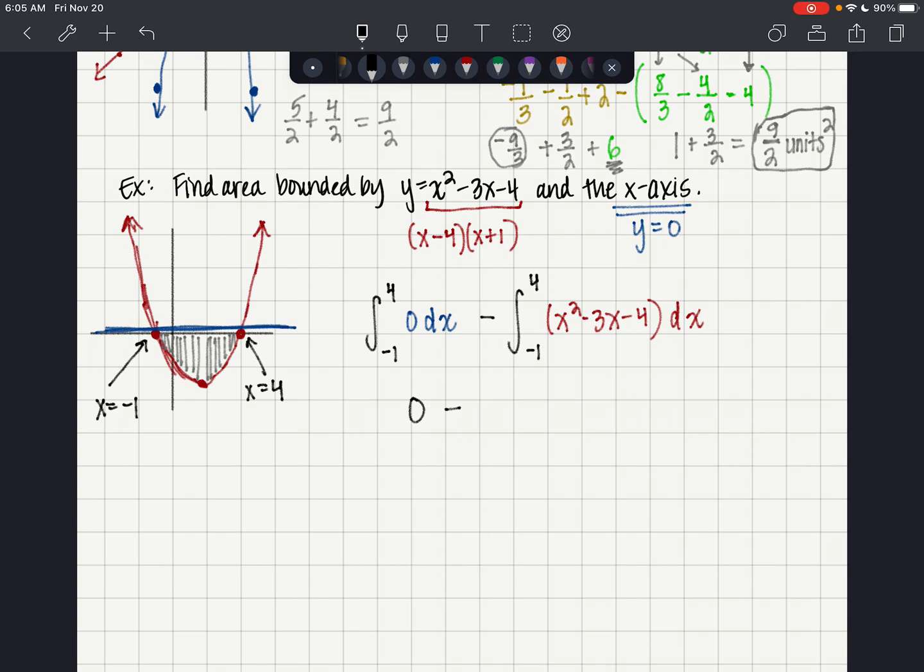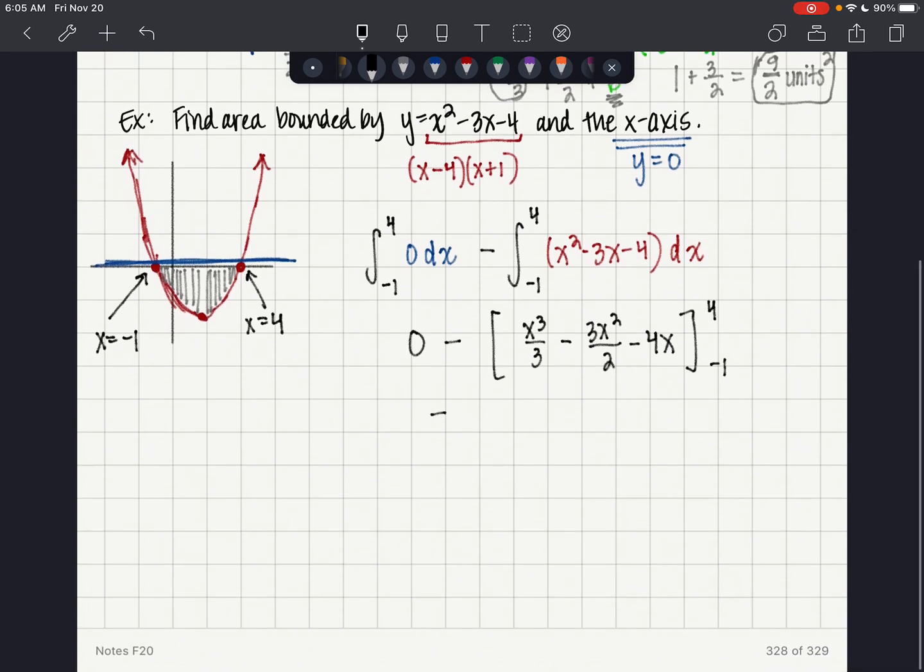So 0 minus, and now we're going to integrate x cubed over 3 minus 3x squared over 2 minus 4x, evaluated from negative 1 to 4. We put a 4 in, and we're going to get 64 thirds.